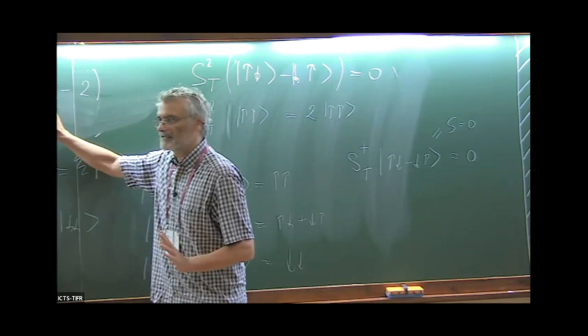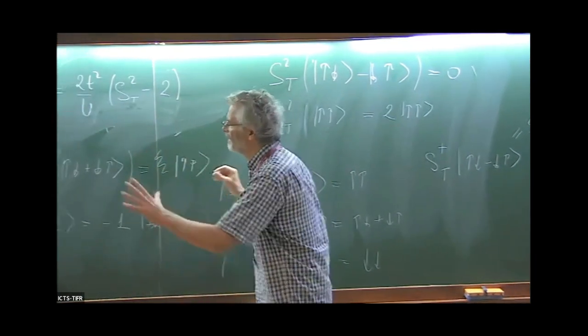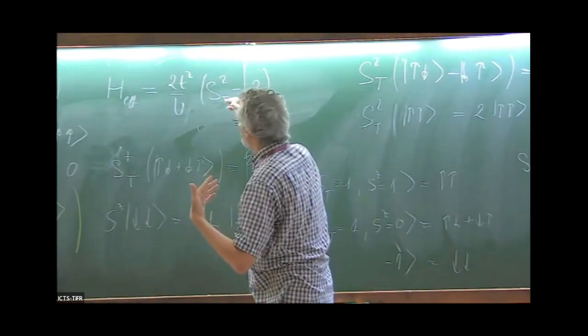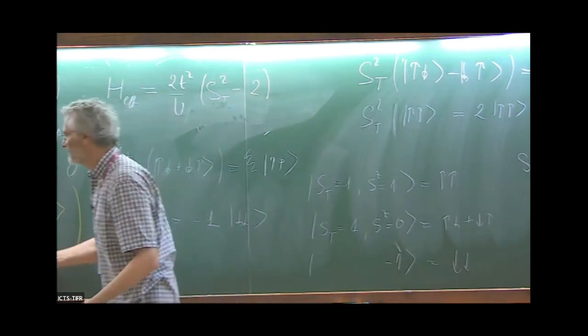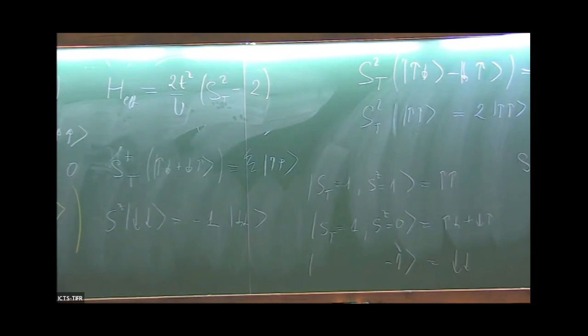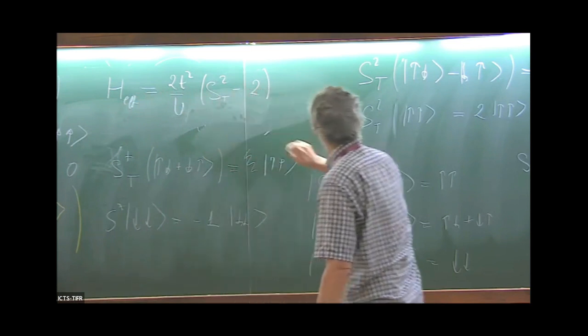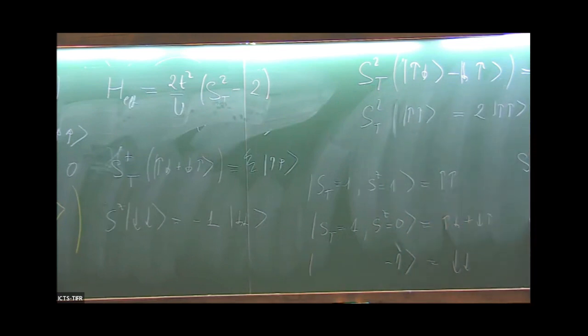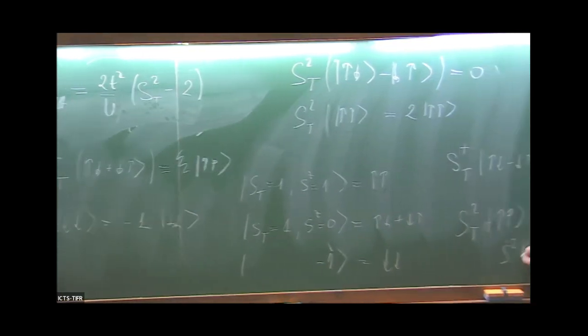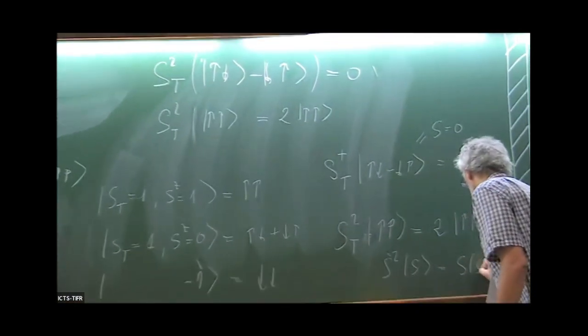So if they are eigenstates, in that case we can write the effective Hamiltonian with this total S squared that acts on these states, and it will produce as diagonal elements 0 and minus 4t squared over U. So if we act with this Hamiltonian on a triplet state, then the S total squared acting on up, up will just be 2 times up, up, because the S squared of some spin S will be S times S plus 1.